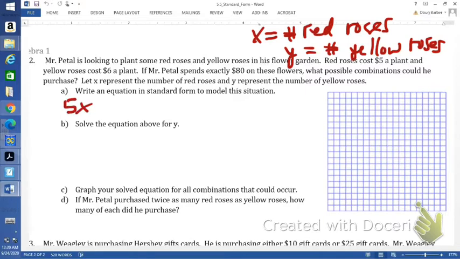Yellow roses cost $6 a piece, so 5x plus 6y. And that has to equal exactly $80. Alright, so there's our equation to model the situation. We're now going to solve for y.